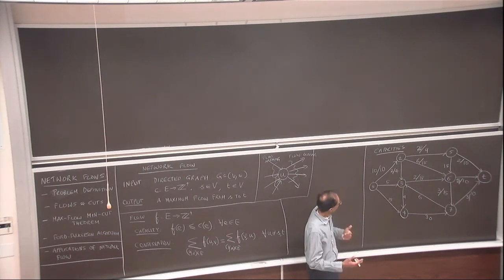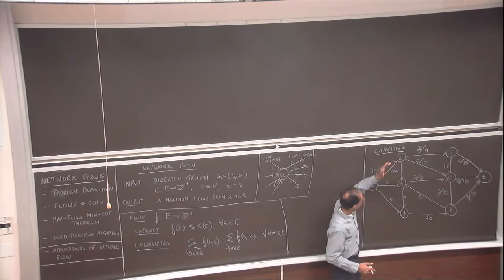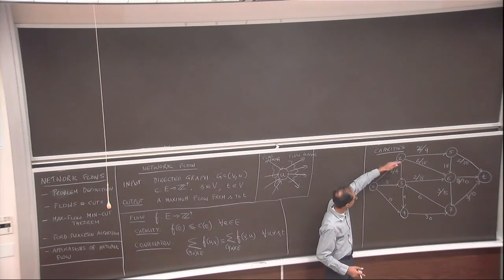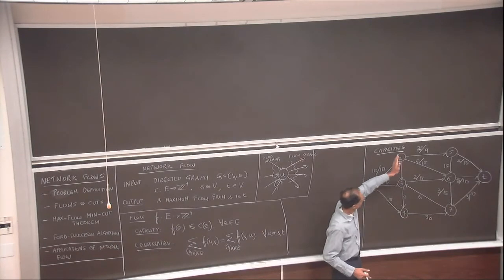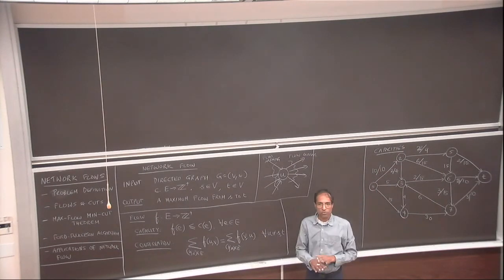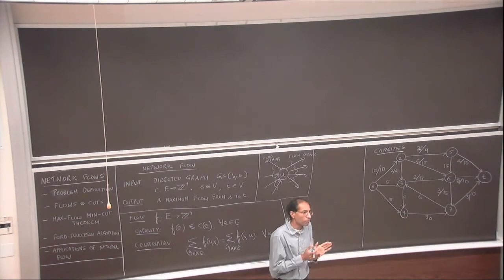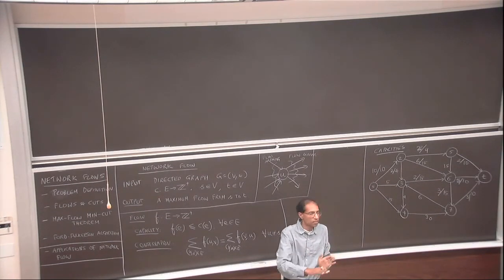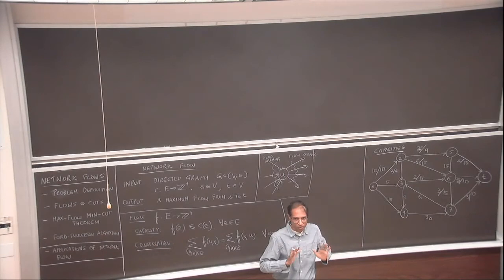So every second 10 units are leaving here, every second 2 units are leaving there, 6 units are leaving there, 2 units are leaving there. So there's no notion of time. Even though we came up with these paths in sort of a sequential order, the flow is just a flow that's going to happen forever. Think of it like that.